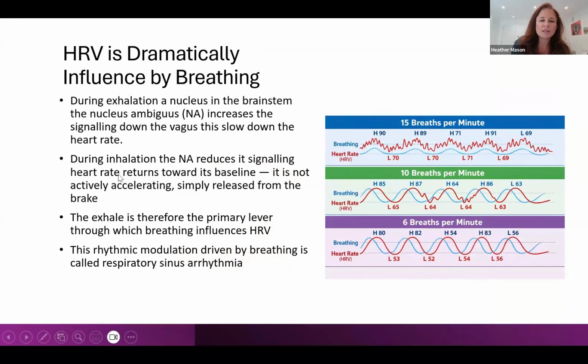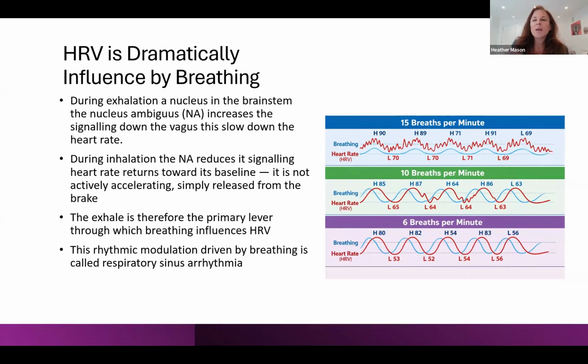In contrast, during the inhalation, the nucleus ambiguus reduces the level of its signaling to the heart, and therefore, we have a faster heart rate, right? Also because the sympathetic nerves are sending their norepinephrine.